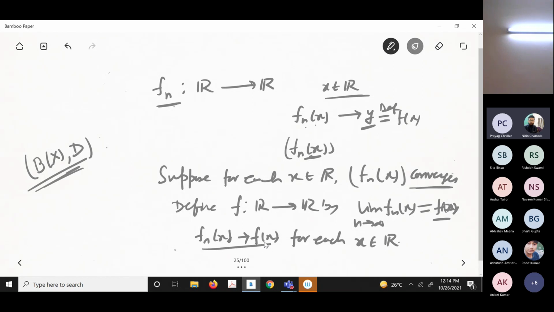This is called pointwise convergence. There can be other types of convergence for functions. When you talk about pointwise convergence, make sure you are talking about a sequence of functions, and at each point you plug in, you get fn(x). This is pointwise convergence.